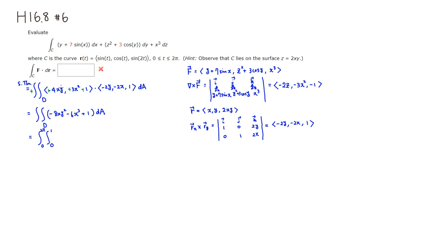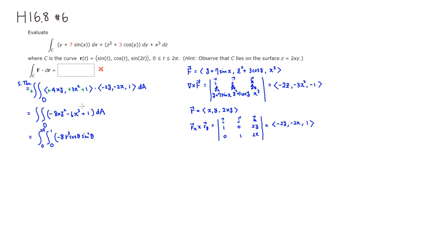All right, then we just have to put a bunch of things in there. So you have here, you're going to have a negative 8. So x is r cosine of theta, so y squared would be r squared, so this is going to be r cubed, and the sine squared of theta.